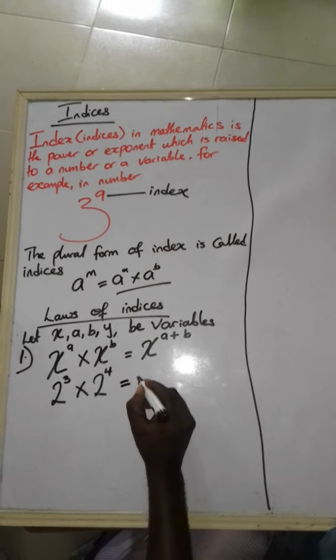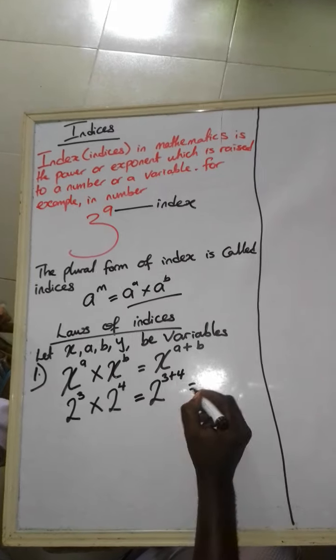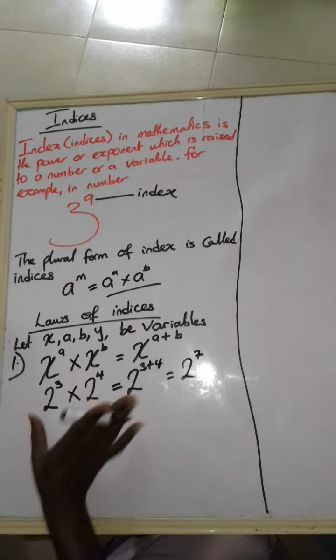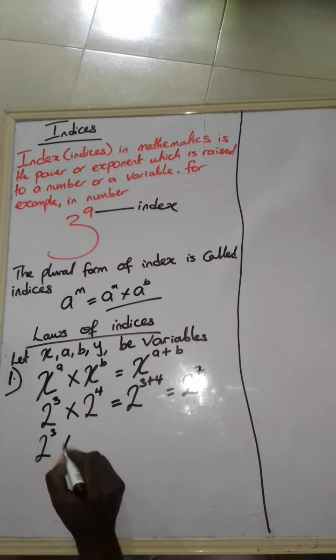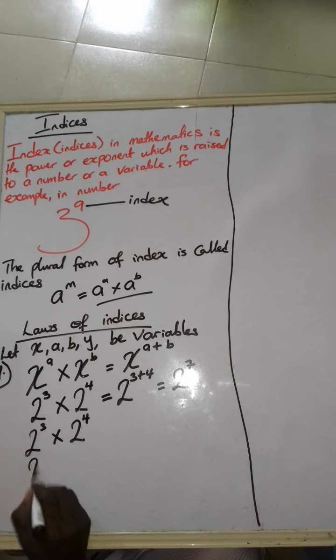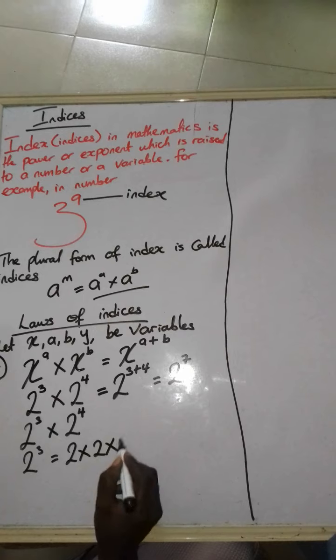That is, we are going to have 2 raised to power 3 plus 4, which will give us 2 raised to power 7. Now let us do this literally without using the law of indices. That is, when we have 2 raised to power 3 multiplied by 2 raised to power of 4. Now 2 raised to power 3 is the same as 2 times 2 times 2.